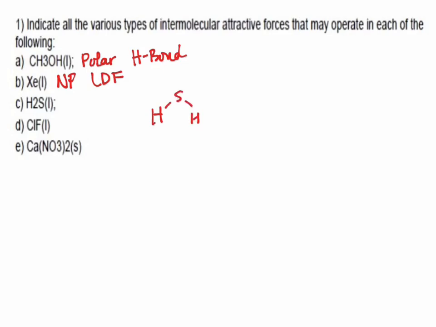Polar. So what is its intermolecular force? Dipole? ClF, what's its polarity? Polar, and its force? Dipole.